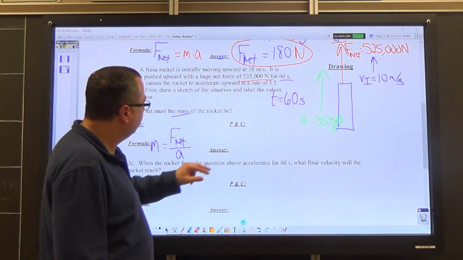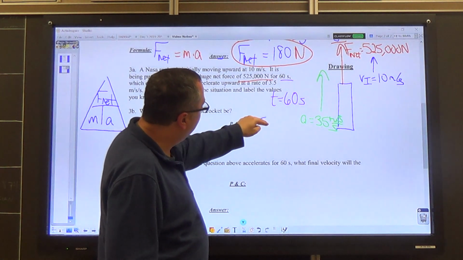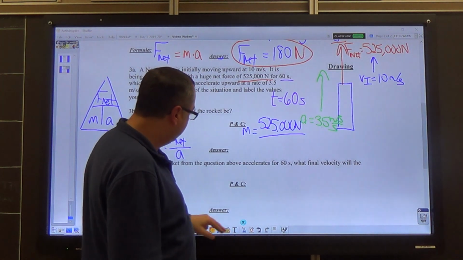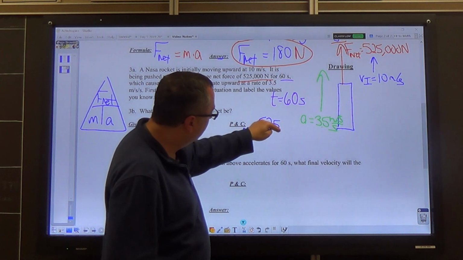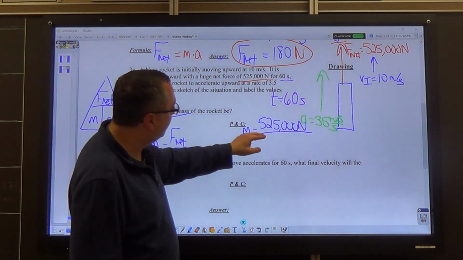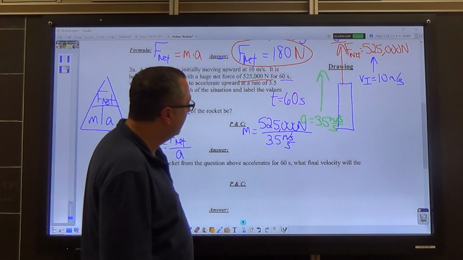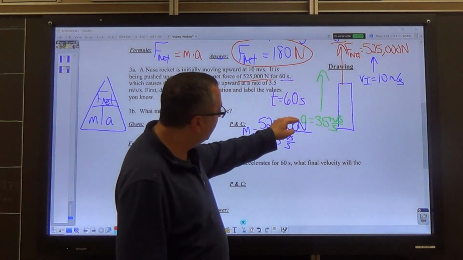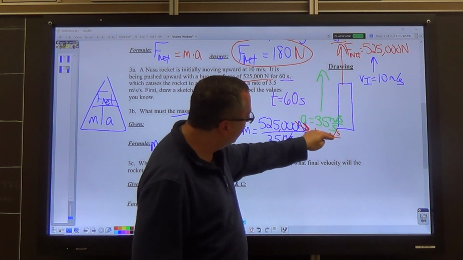Plugging those numbers in, we've got 525,000 newtons, and the acceleration was 3.5 meters per second squared. At that point, you want to remind yourself the newton does break down into a kilogram times a meter per second squared.